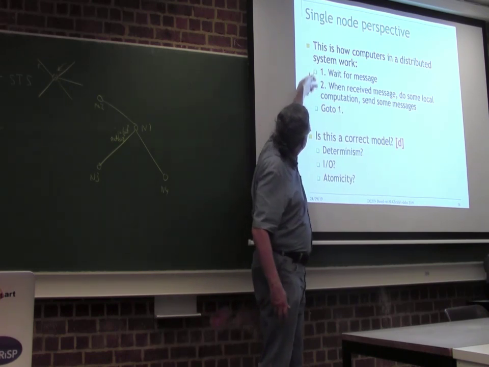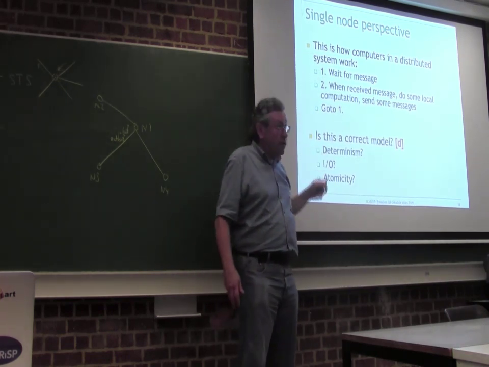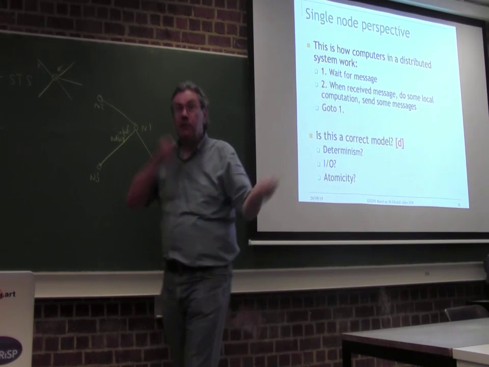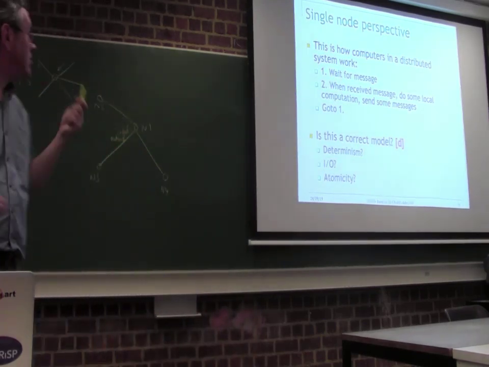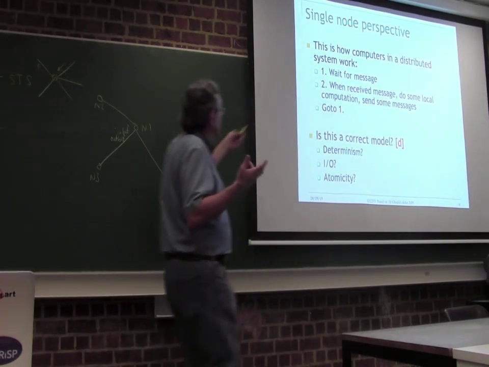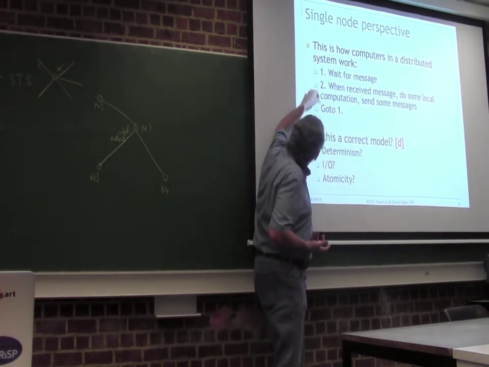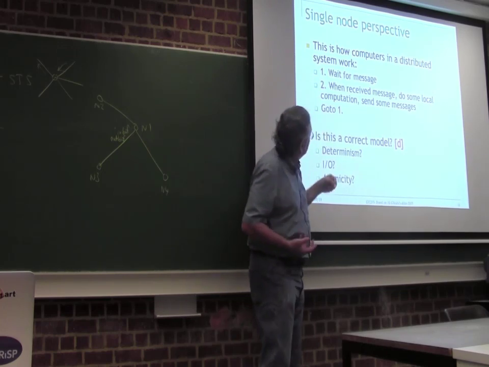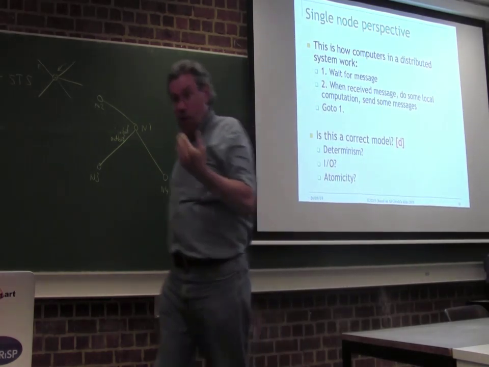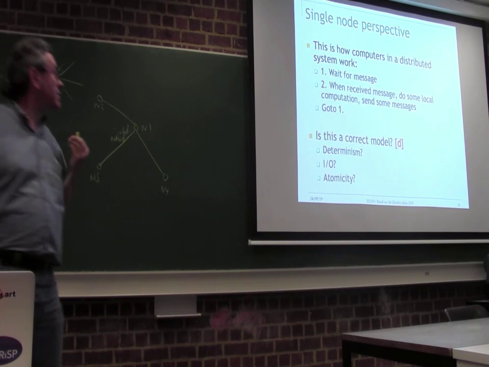And that this is deterministic is okay too, because the non-determinism is coming from the message delays, okay? We don't know which message is coming in first because of the message delay, but once the message comes in, we are doing a deterministic computation. So locally, the computations are deterministic. That's going to be our model.